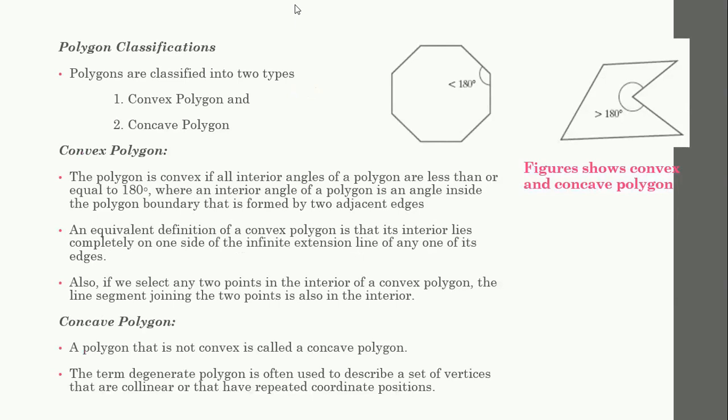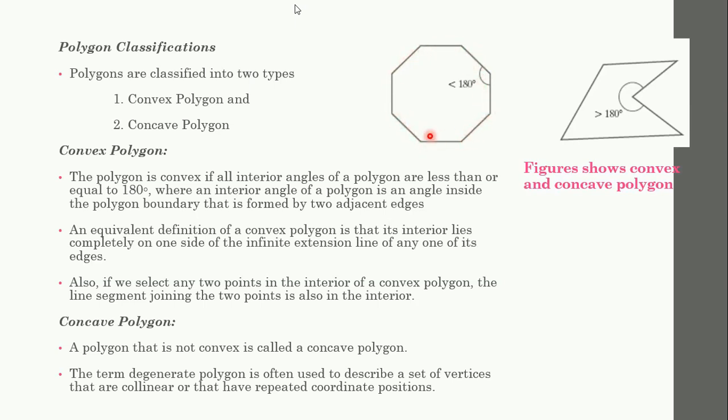Polygons are classified into two types: convex polygons and concave polygons. Let us see what a convex polygon is. The first figure here represents a convex polygon.